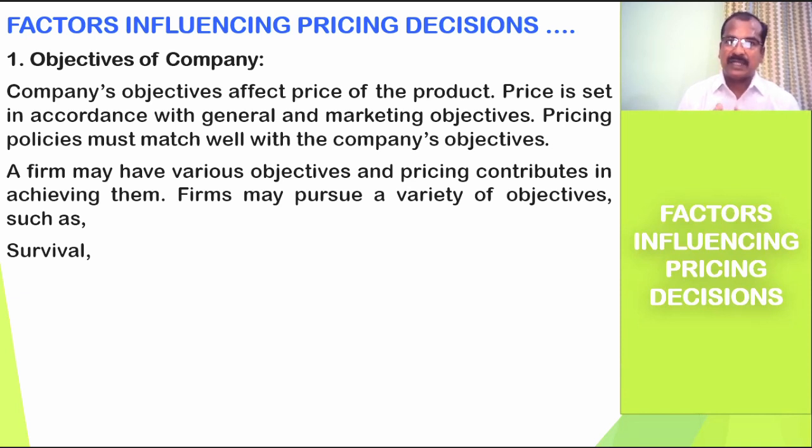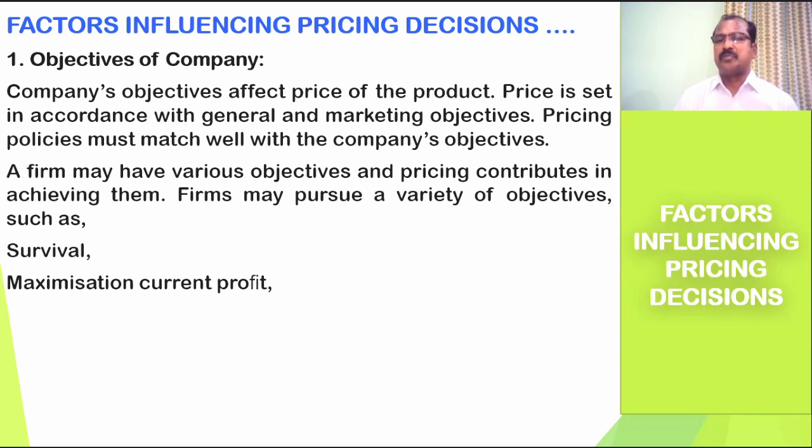So this is about survival. In critical situations, companies are forced to set the price as low as possible, sometimes even less than the cost of the product, in order to make the product or brand survive in the market. Later, the price could be increased considerably. So this is about the first objective.